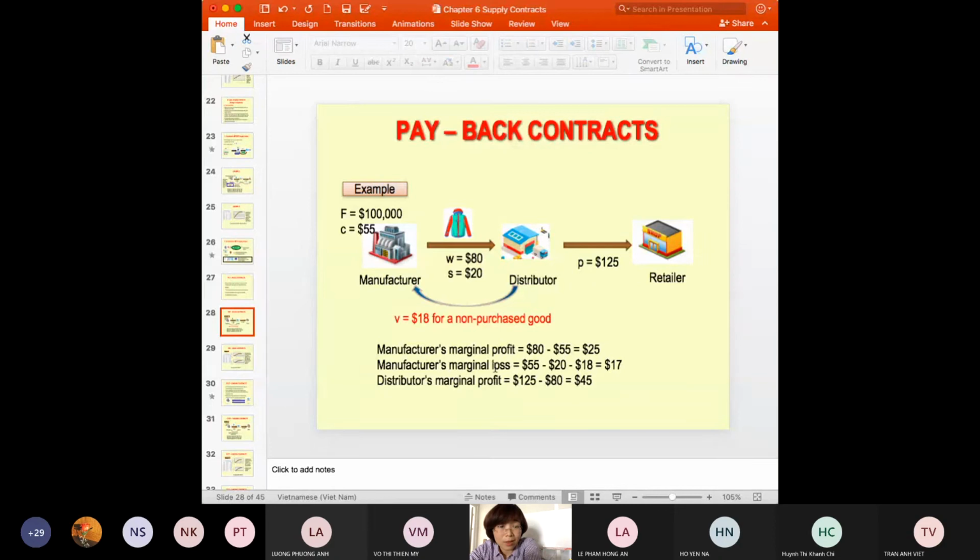So look at this example for better understanding. You can see the manufacturer sells to the distributor, and the distributor can sell back to the manufacturer, and the distributor sells to the retailer at 125. And the distributor can send back to the manufacturer each good for $80 if they cannot sell that product.